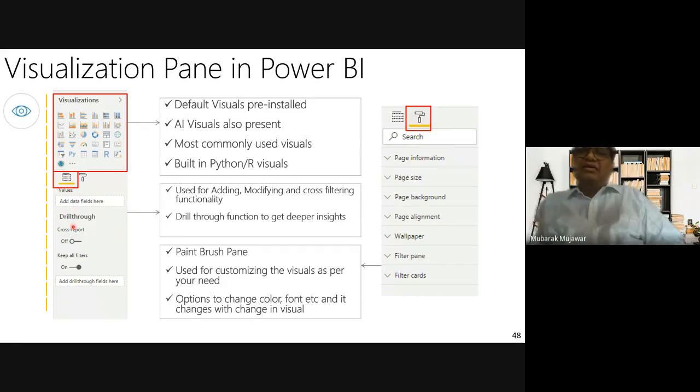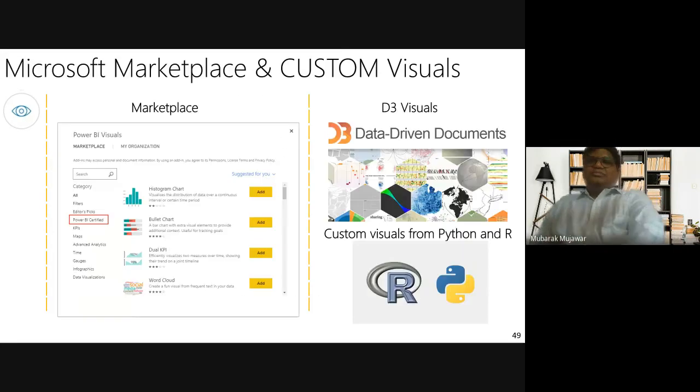We can also use another pane to search, or look for information from the visualization pane. I'll show you that when we do the practical after some time. And as I mentioned earlier, if you don't have access to a custom visual, you can go to the marketplace and look for your own custom visuals.